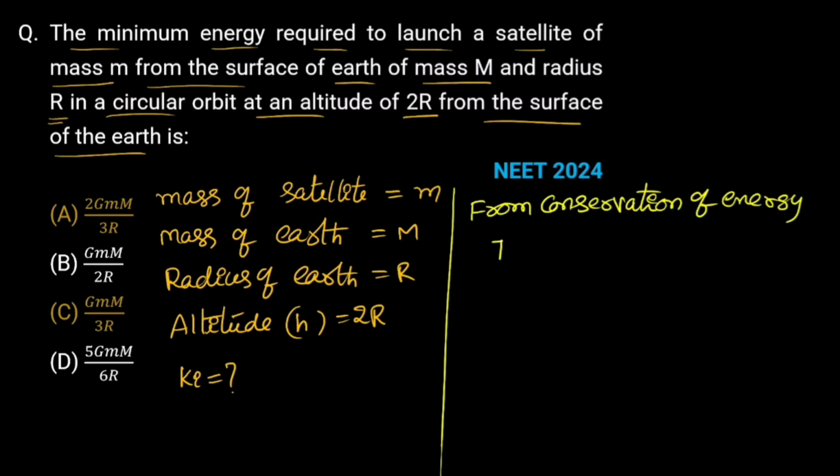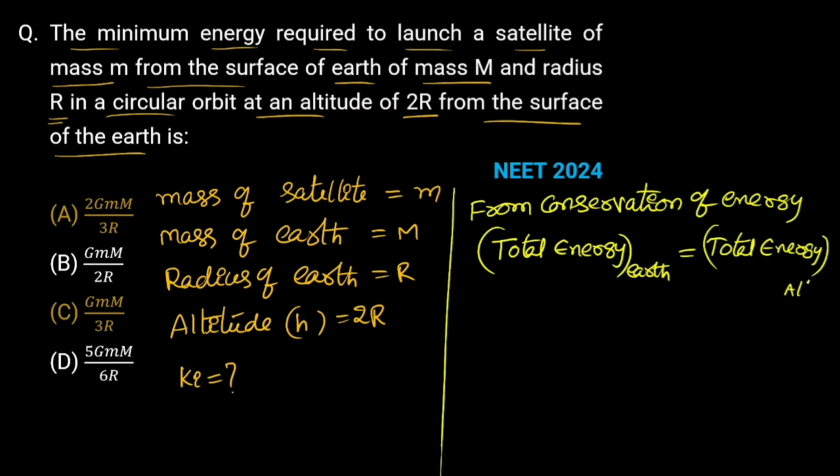Means total energy at the earth surface is equal to total energy at that altitude. The total energy at the earth surface is Ki plus potential energy Ui, equal to Kf plus potential energy Uf.